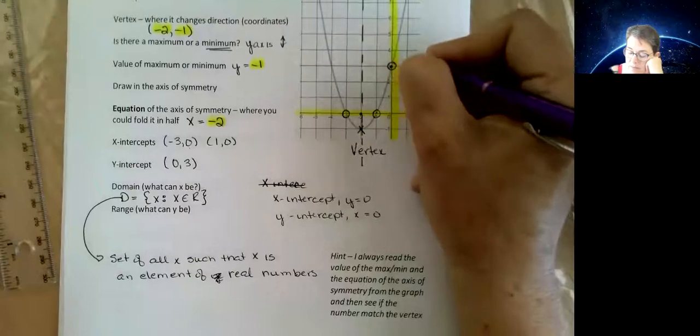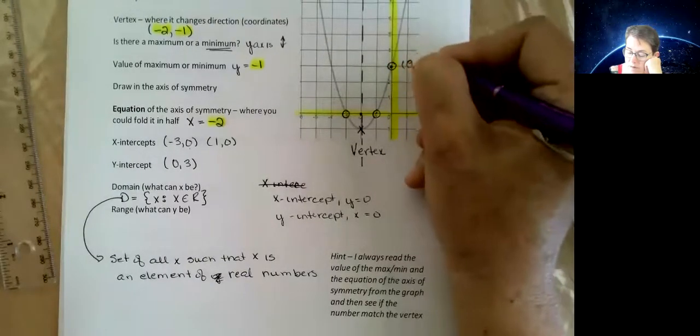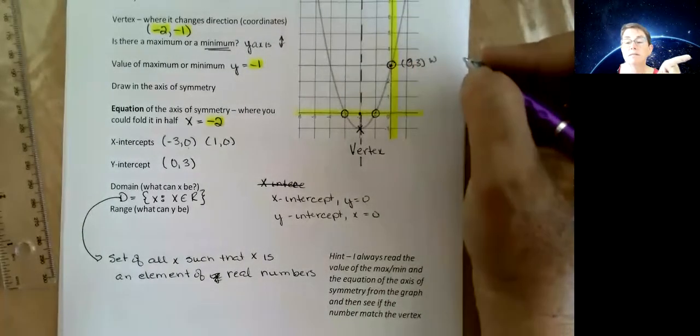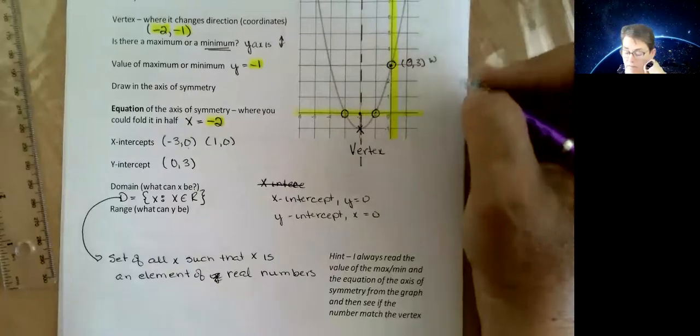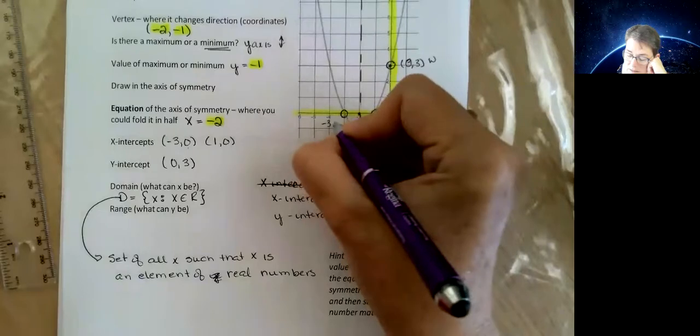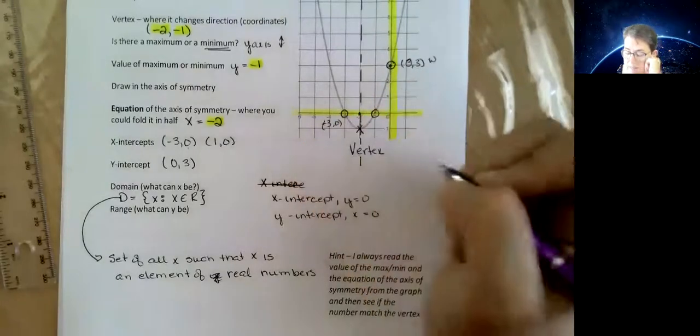1, 8. There's a whole number. Now we have 0, 3. So natural, whole number. What comes next? Integers. Here, -3 and 0. X is -3. And then our next one out is rational.